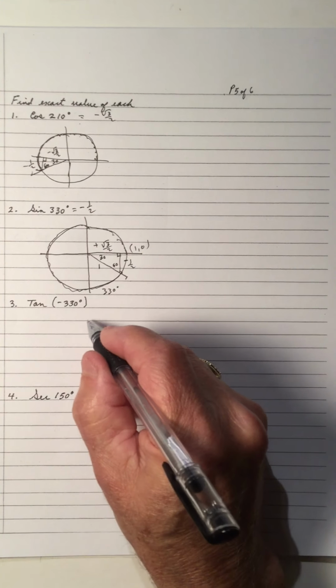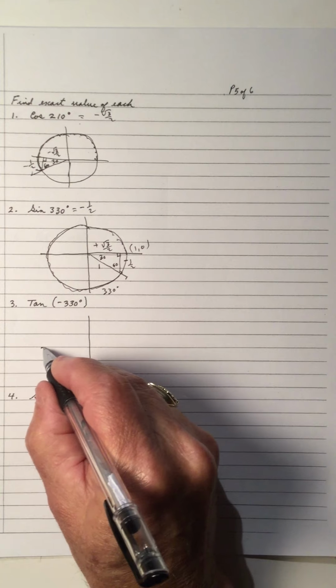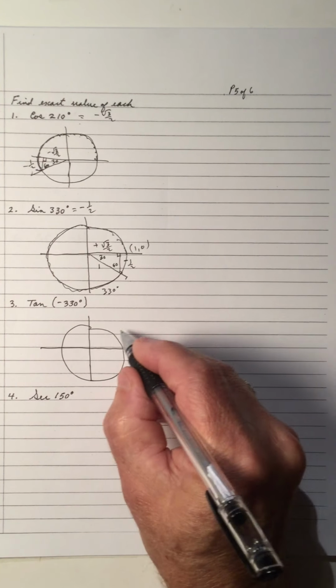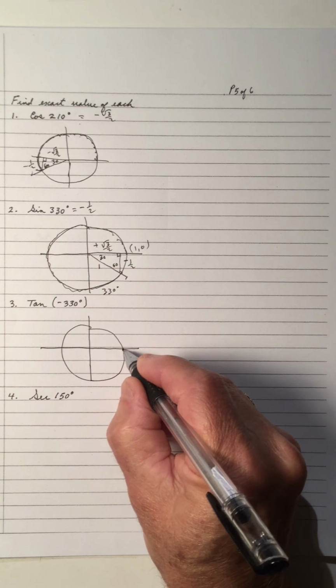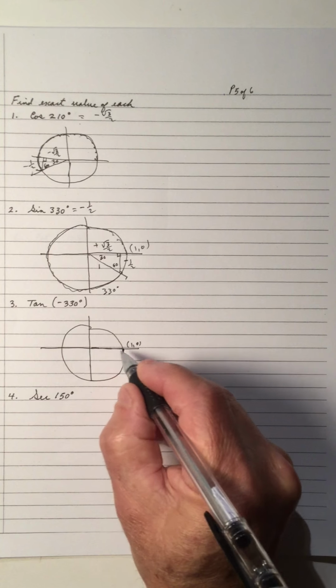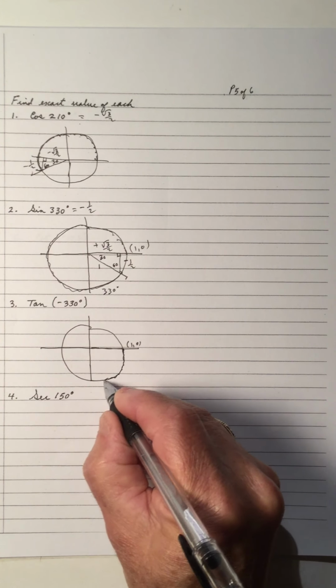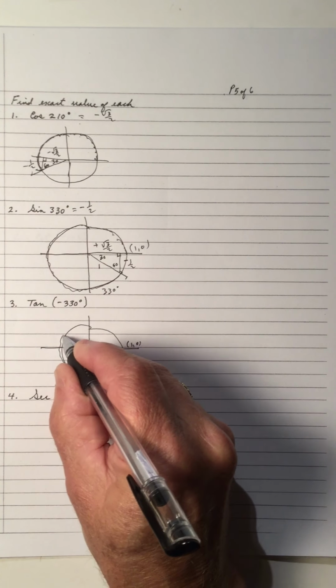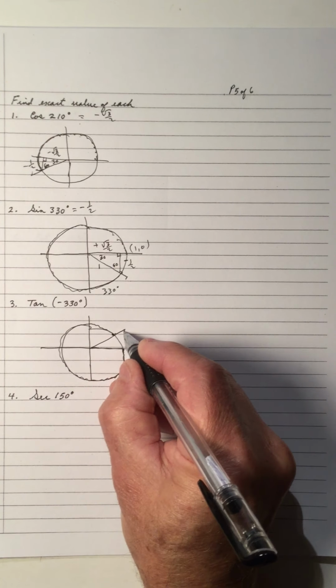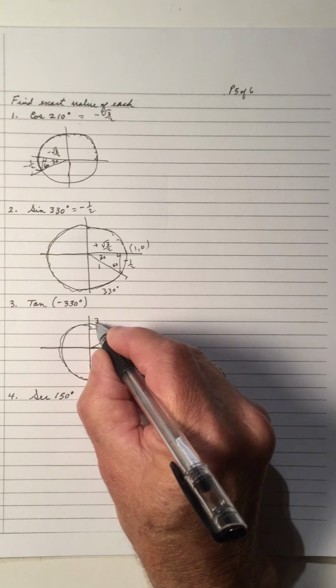And tan. Let's draw the circle again. Always draw the circle. I do anyway. And negative 330 is starting here. This is the point (1, 0). Radius is 1. We start and go negative 330, which is right there. Terminal arm. So negative 330.